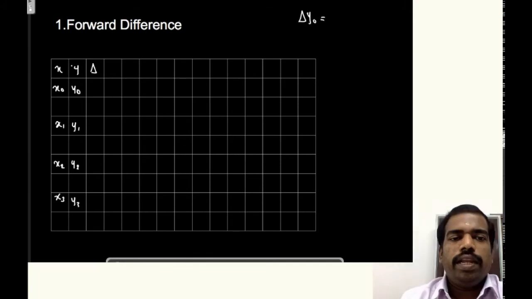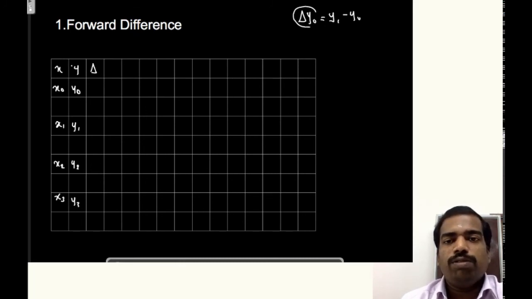We learned delta y0 as y1 minus y0. So the difference between y1 and y0 can be expressed in the forward difference operator as delta y0.